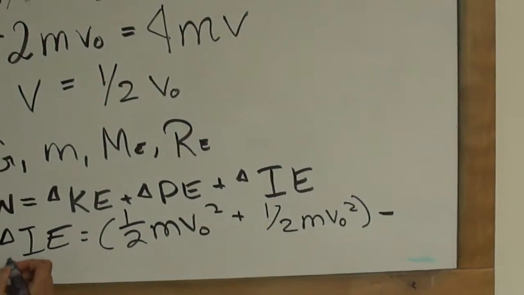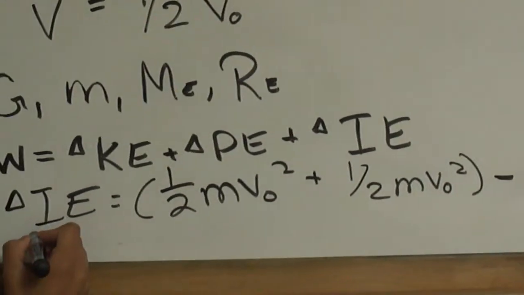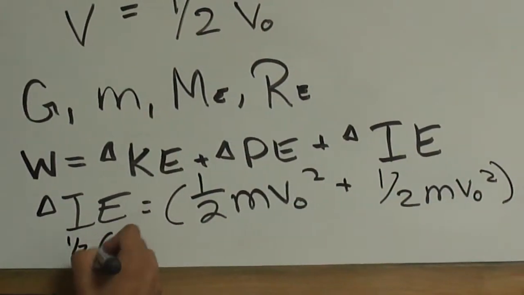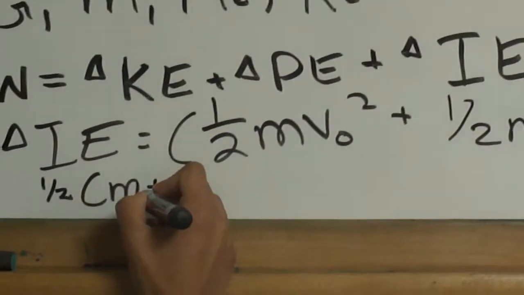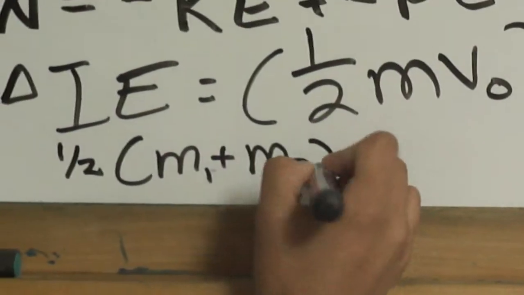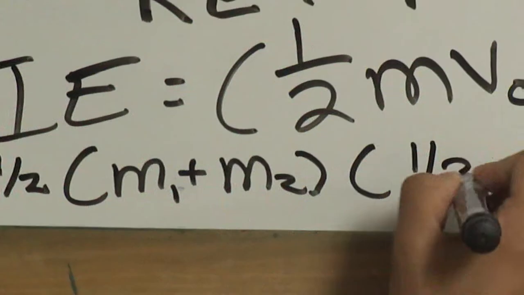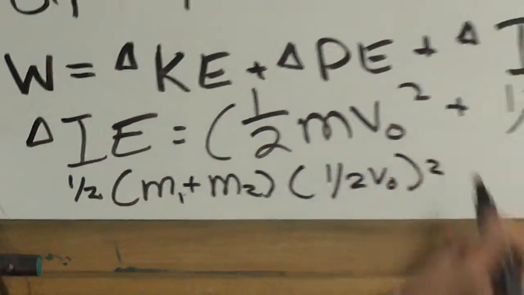minus 1/2 m1 plus m2 times 1/2 v initial squared.